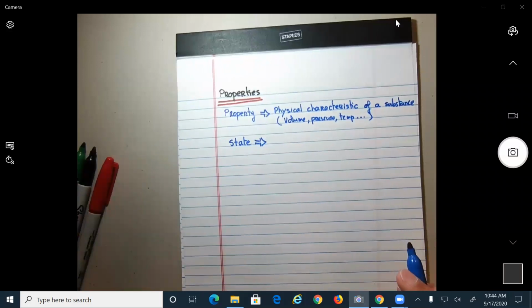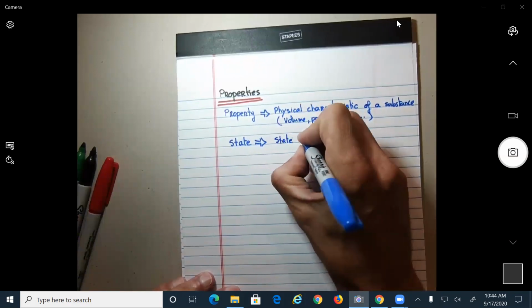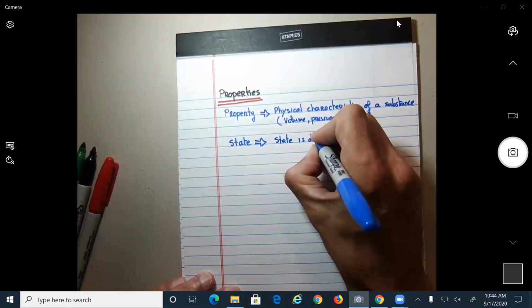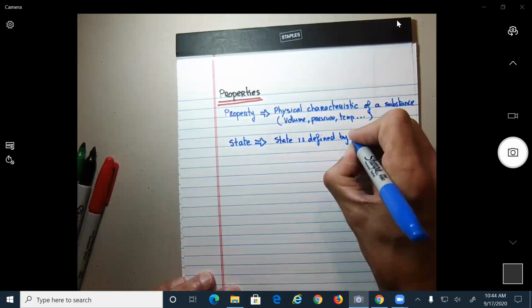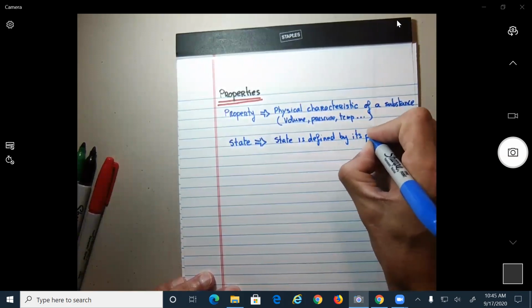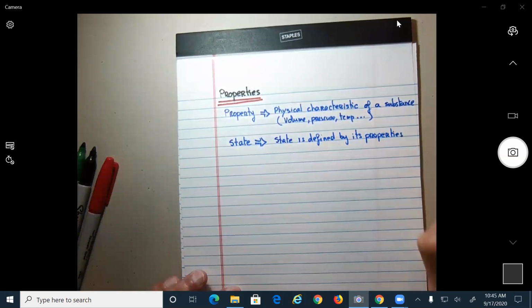The state of a substance can be liquid, gas, or solid. State is defined by its properties.